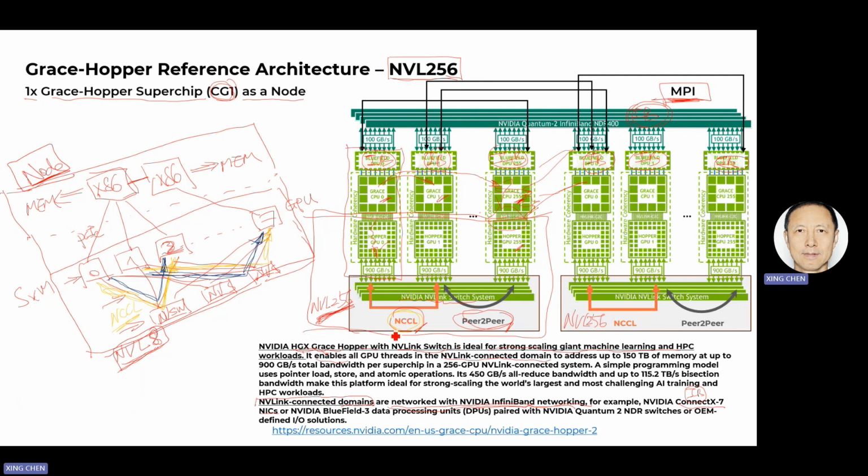Taking one GPU thread as an example, it is going to enable the GPU threads to address up to 150 terabytes of memory at up to 900 gigabytes per second. We need to take these two numbers, 150 terabytes of memory and 900 gigabytes per second.